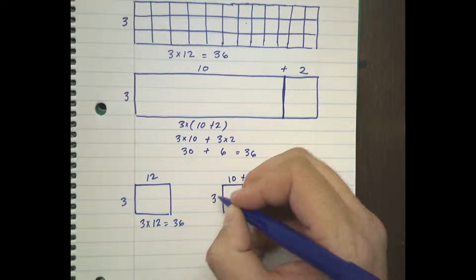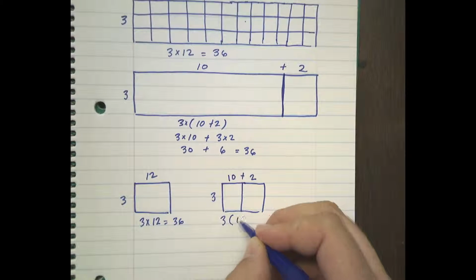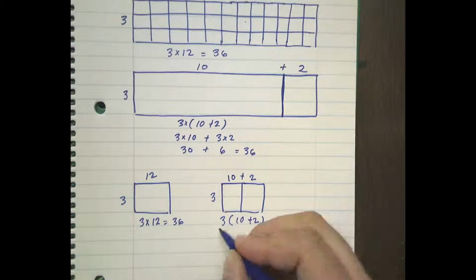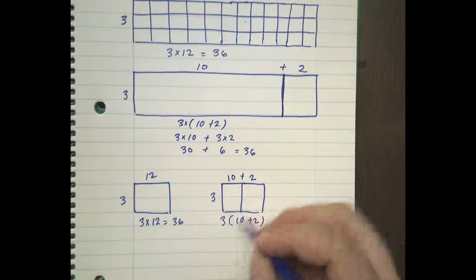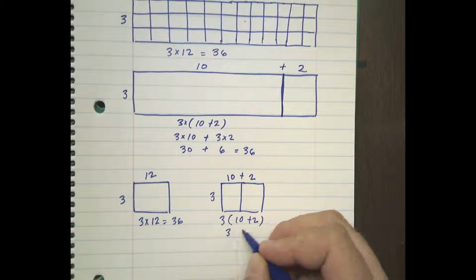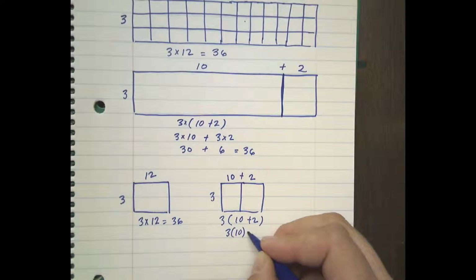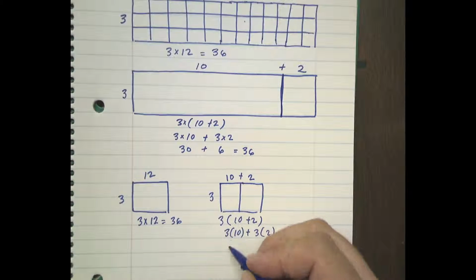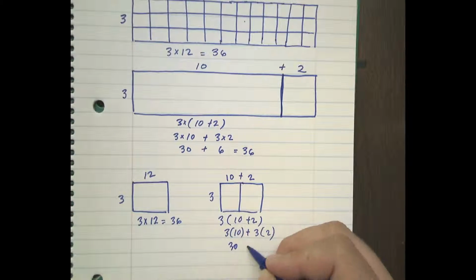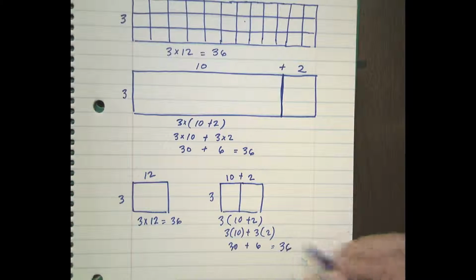Okay, same thing. So 3 times 10 plus 2, which would be 3 times 10 plus 3 times 2, and that is 30 plus 6, and that equals 36.